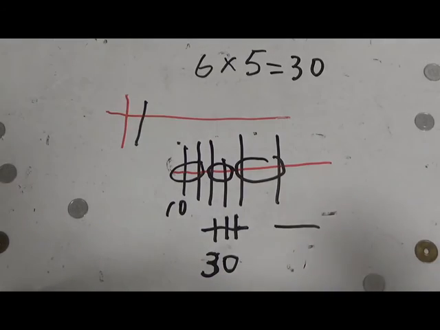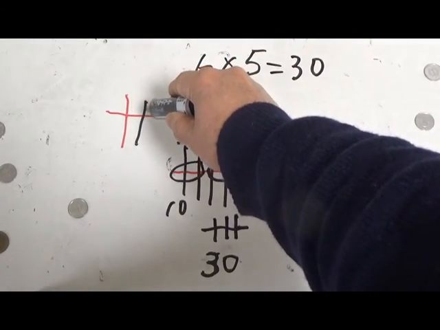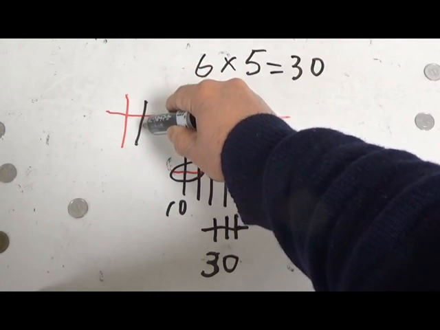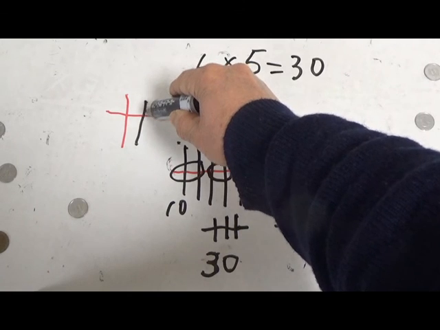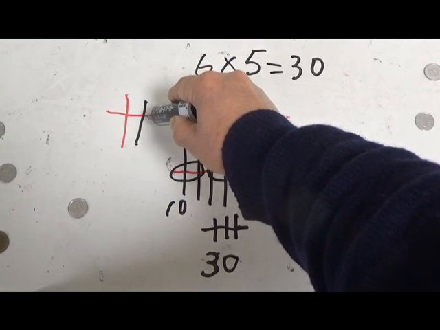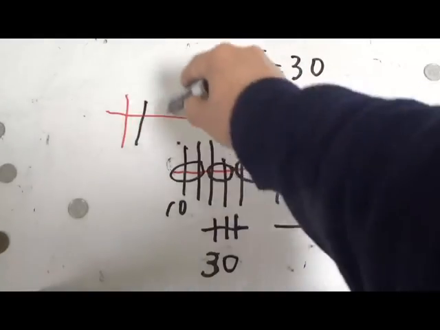So I think you had better remember 5 times 5 and another 5. That is, 6 times 5 is 30. I think you had better remember this figure.